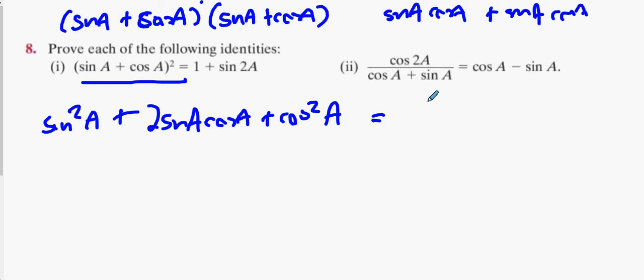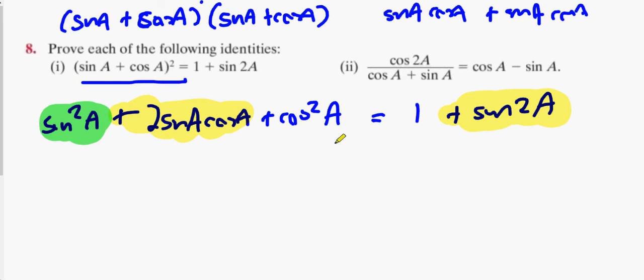Now, here's the deal. You go to your tables on page, I think it's page 13. Page 13 for one of them, and page 14 for the other one. And on page 14 you'll see that sine 2a is exactly the same as 2 sine A cos A. On page 13 on the top right hand side, you'll see sine squared A plus cos squared A equals 1.